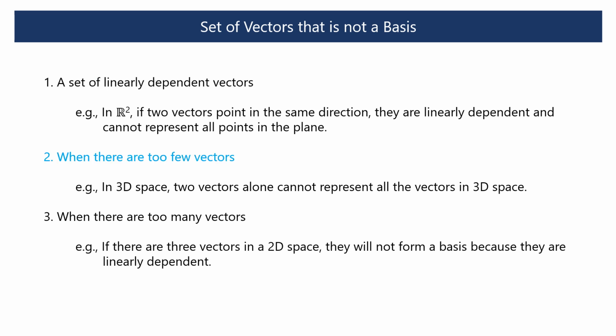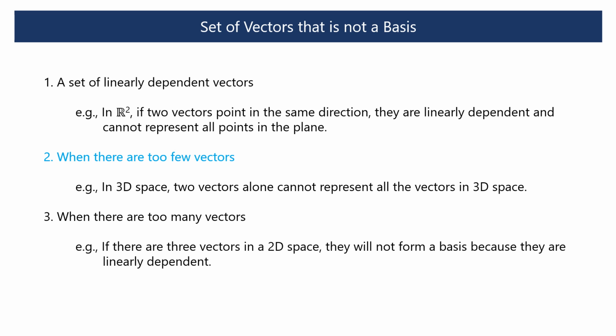Second, when there are too few vectors. A set of vectors is also not a basis if the number of vectors is less than the dimension of the space. For example, in 3D space, two vectors alone cannot represent all the vectors in 3D space.